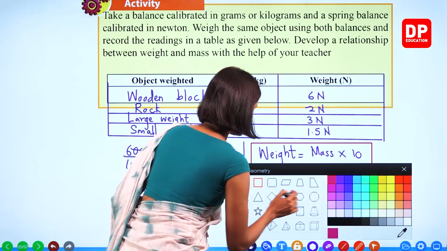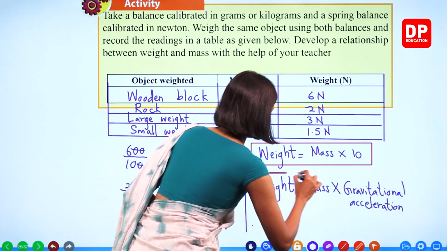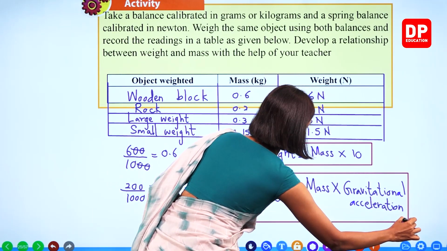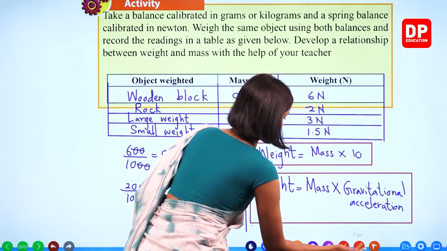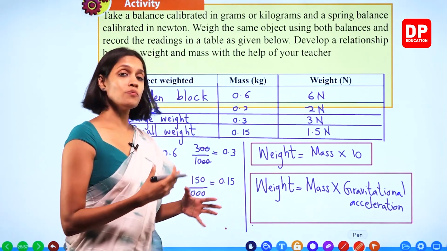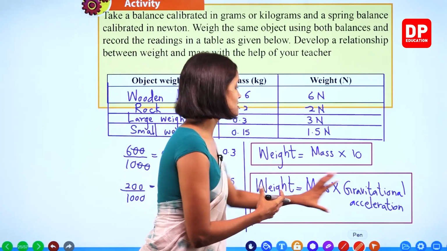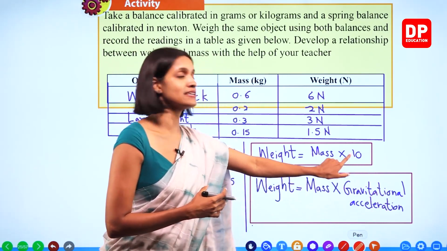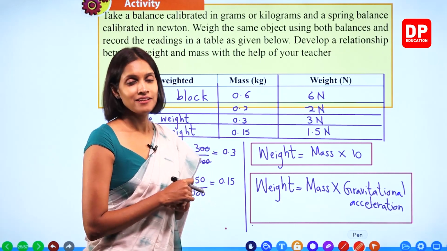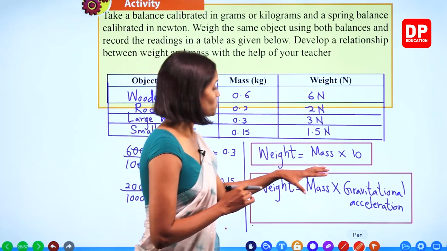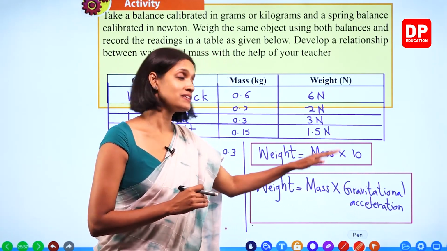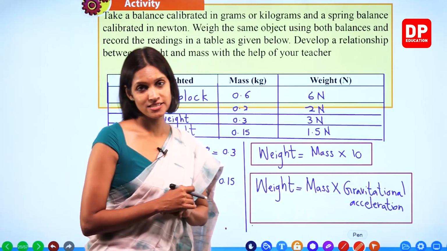Right, children? So we can simply write the relationship like this. So when the object is on the Earth, this gravitational acceleration is 10. Right, children? So in different planets, this value is different.